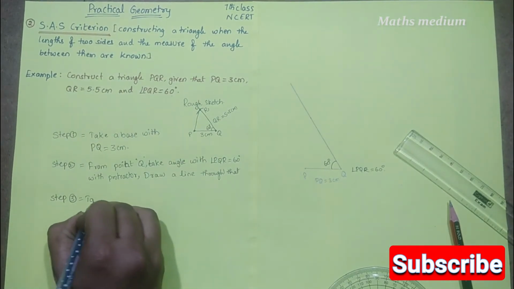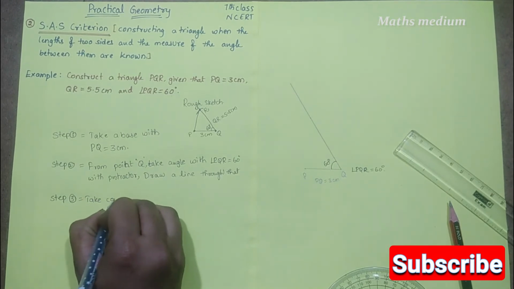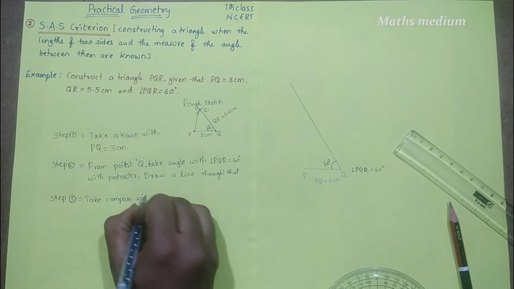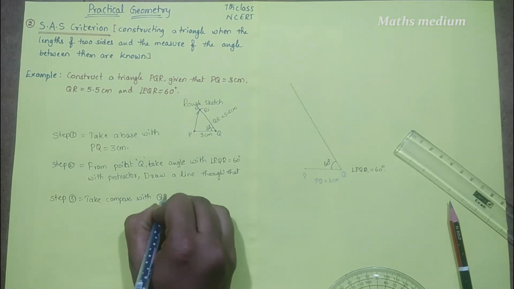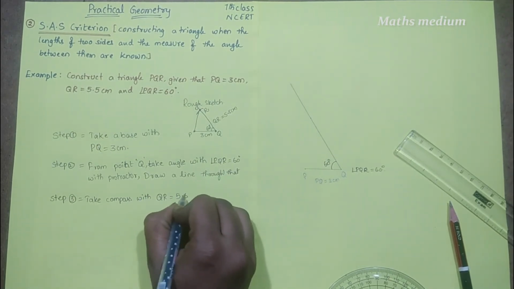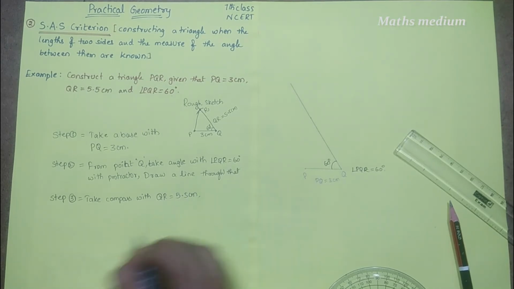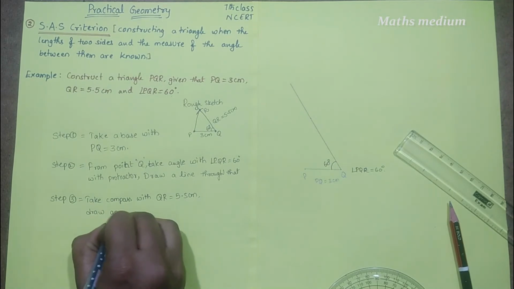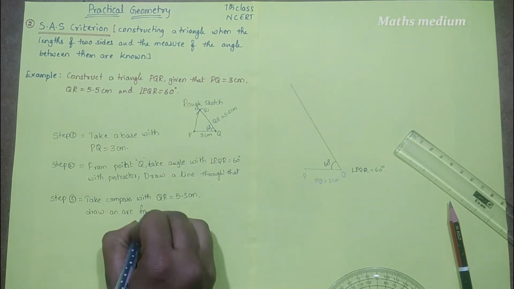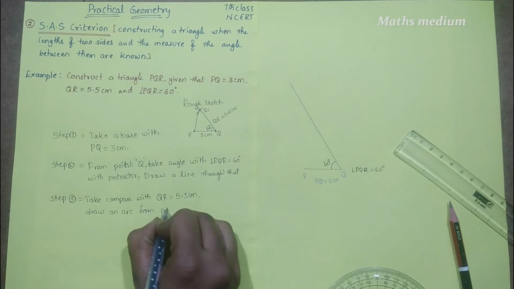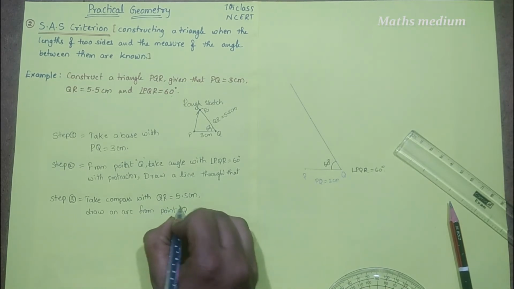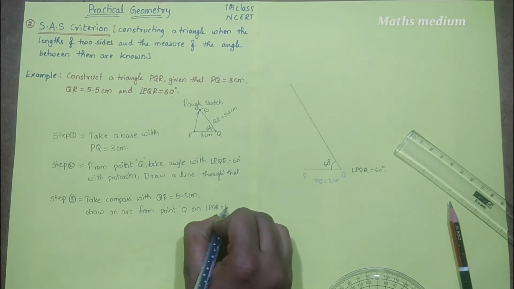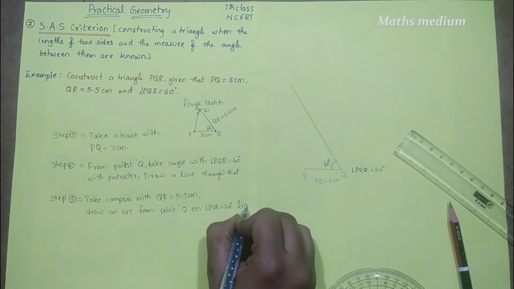So take the compass with QR is equal to 5.5 centimeters. Draw an arc from point Q on the angle PQR is equal to 60 degrees line.